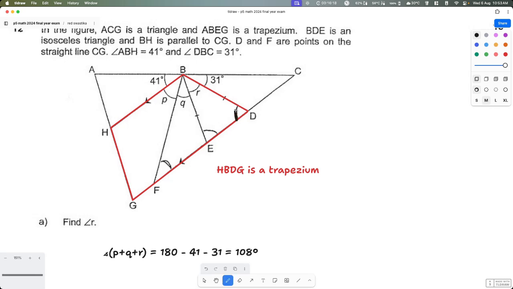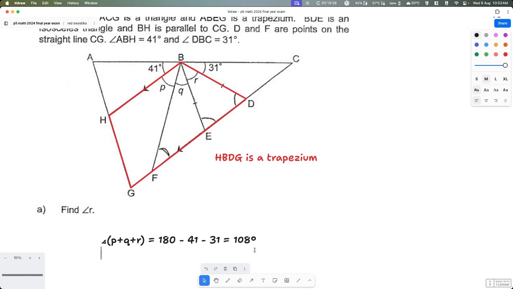If we can get this side from this angle, because these two will add up to 180, we can get angle BDE, which is 180 minus 108. This gives us 72 degrees.